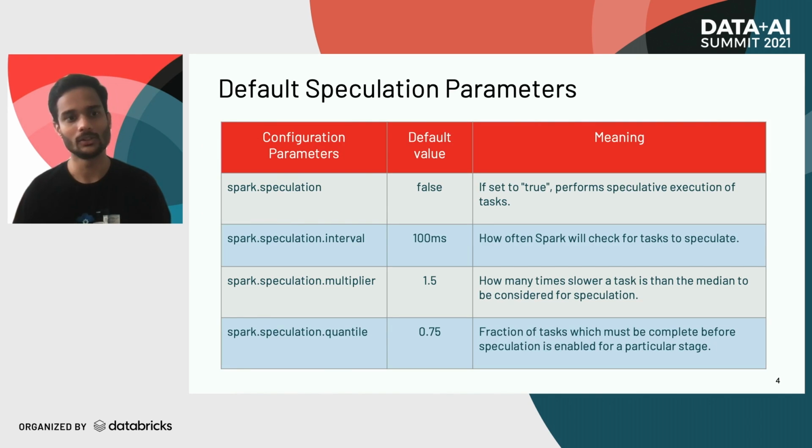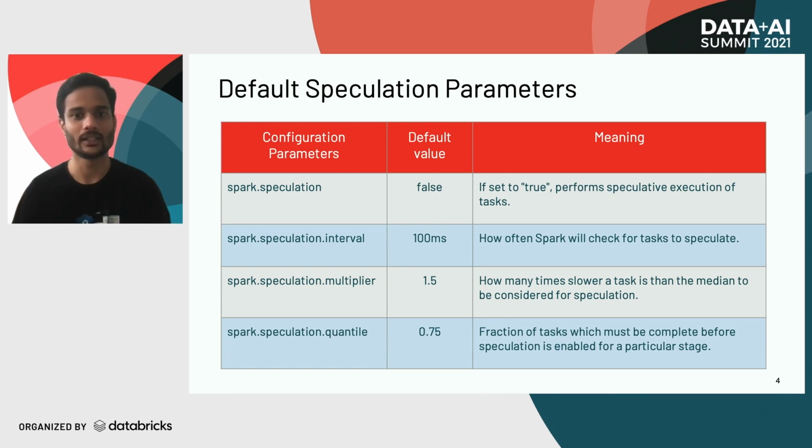Now that we have talked about speculative execution, let's quickly look at some of the tuning knobs available. The spark.speculation config is used to enable or disable speculative execution of a Spark application. The spark.speculation.interval config determines the frequency at which to check tasks for speculation.